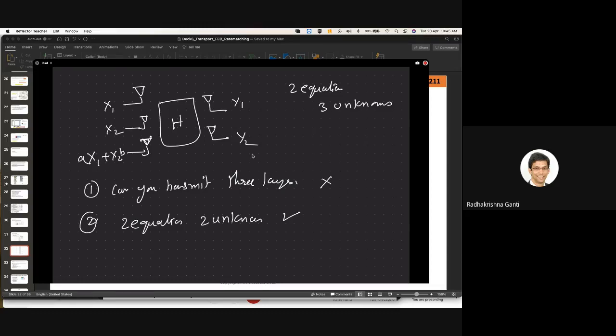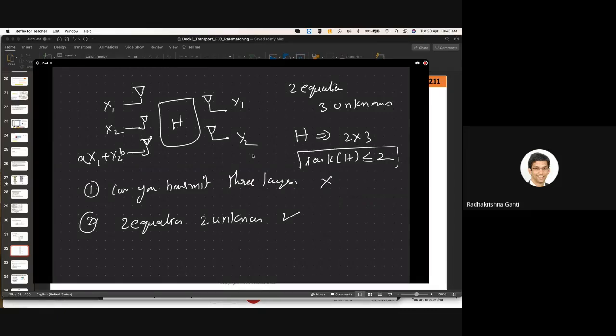You understood? So effectively, the rank. When you have an H, which is a matrix of size 2 cross 3, the rank of H is always less than or equal to 2. It is the minimum of NR comma NT.